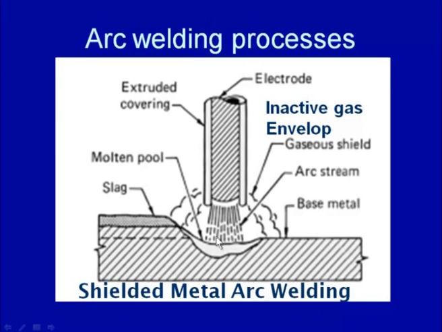When the heat generated by the arc decomposes the flux covering present all around the electrode, it generates a lot of inactive gases all around the weld pool, and thus forms the shielding of inactive gases. Mainly these are carbon dioxide, carbon monoxide and nitrogen oxide related gases, and these gases form a cover all around the arc and the weld pool, so as to protect it from atmospheric contamination.